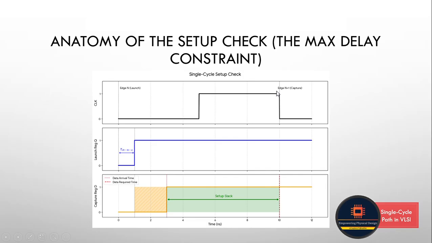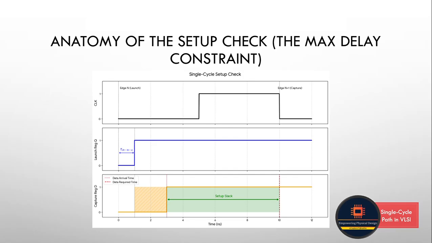The distance between n and n plus 1 is called one clock period. Here we are considering a single cycle, that's why it's one clock period.